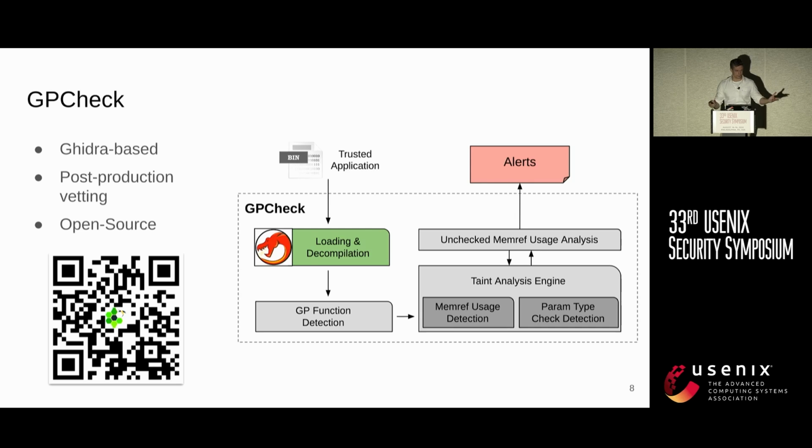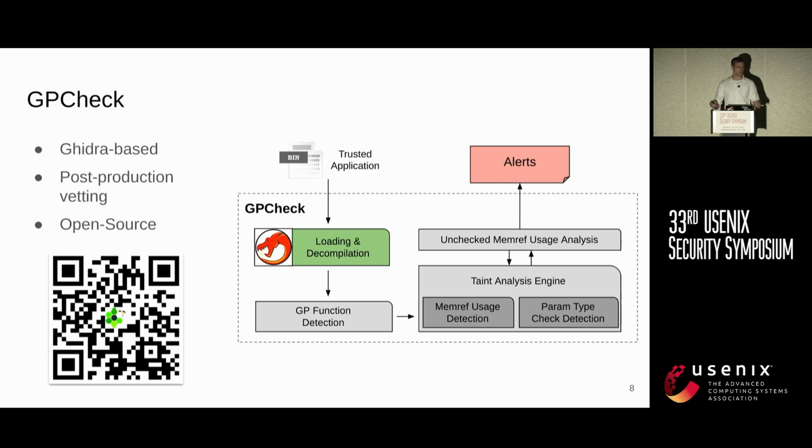In total, we looked at about 14,500 trusted applications. You can imagine this is a lot of data. All of this is proprietary ARM binaries. And we, of course, did not do this analysis manually. We built a tool that helps us, GPCheck, which is a static analyzer on top of Ghidra, which is an open source reverse engineering tool, which was released by the NSA a couple of years ago.